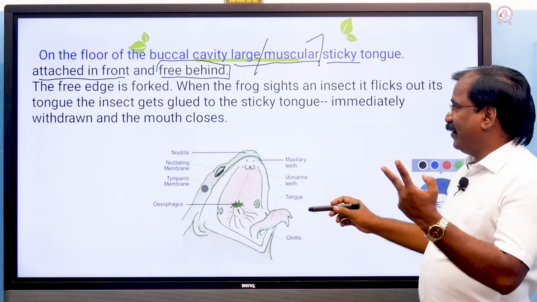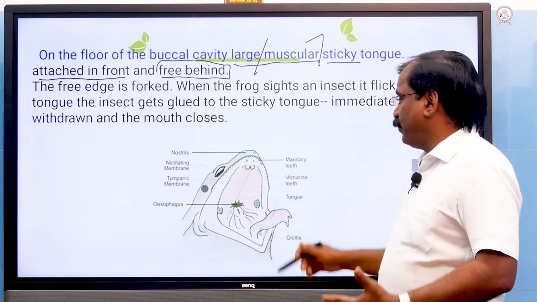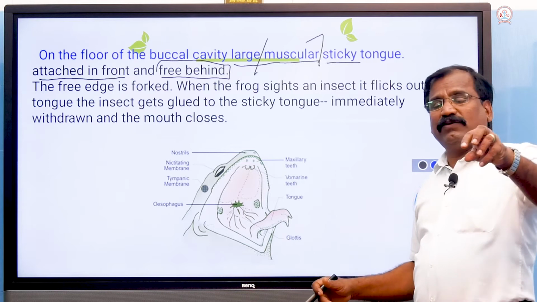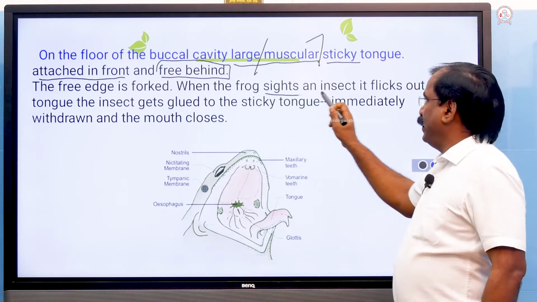Why this arrangement? Suppose the frog sights an insect.